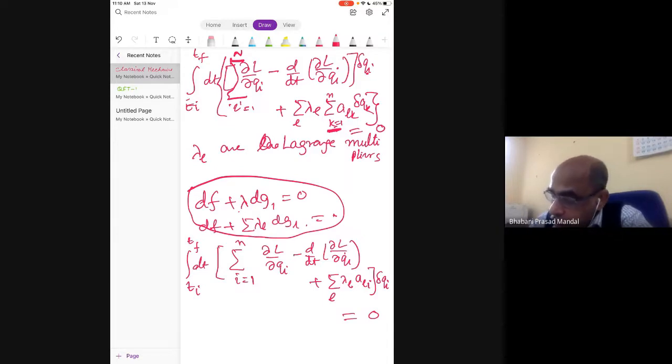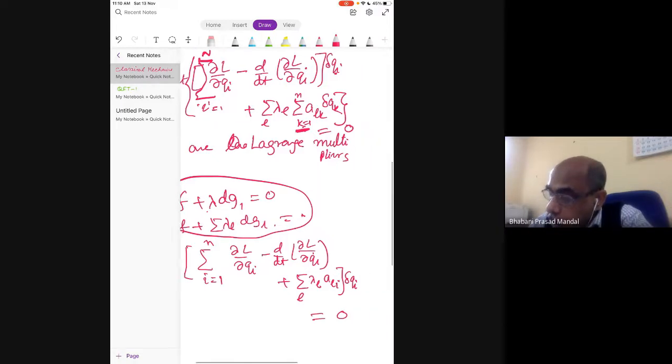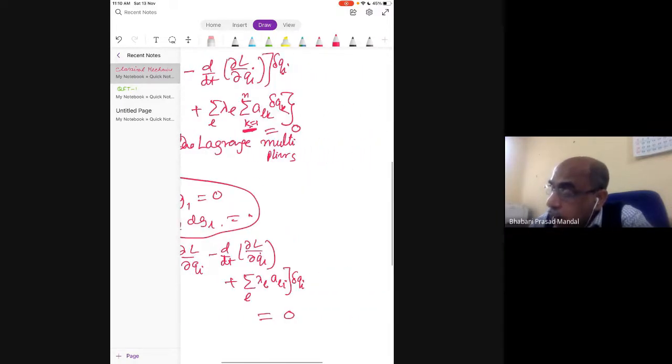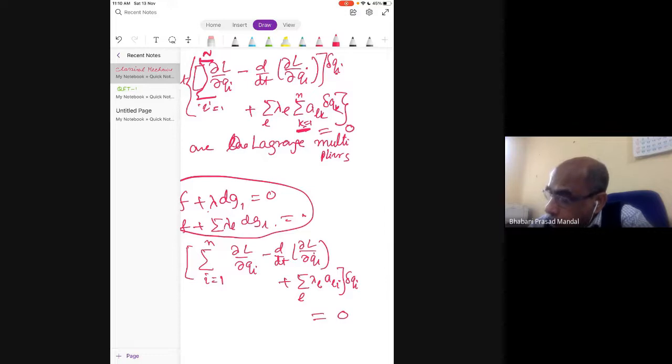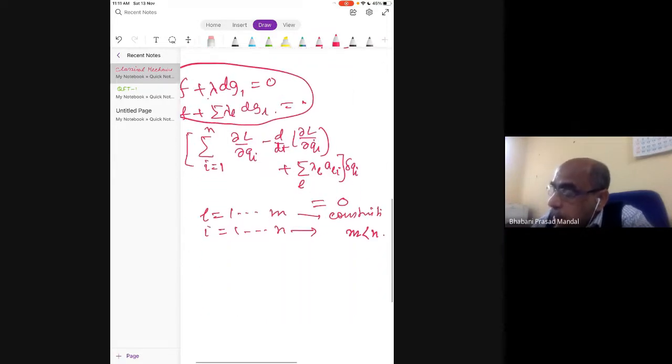Just to remind you, we have l equal to 1 to m and i equal to 1 to n. This is the number of total coordinates, and this is the number of constraints. So m must be less than n. The number of constraints should be less than this.